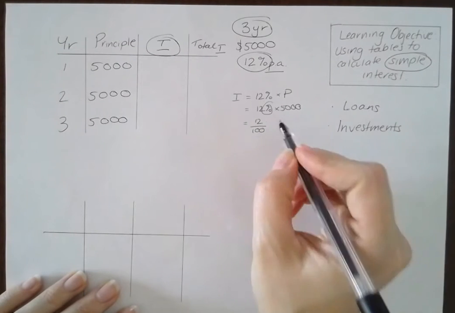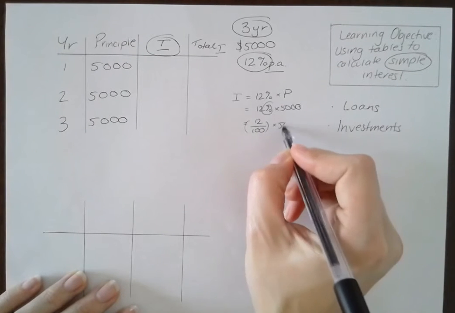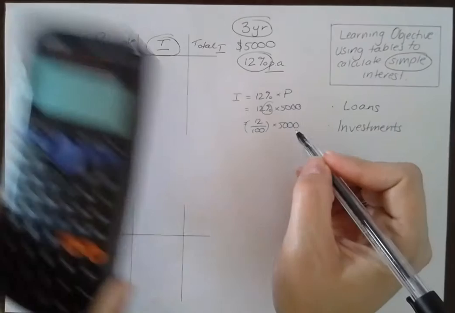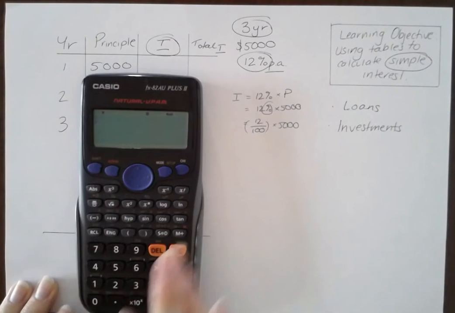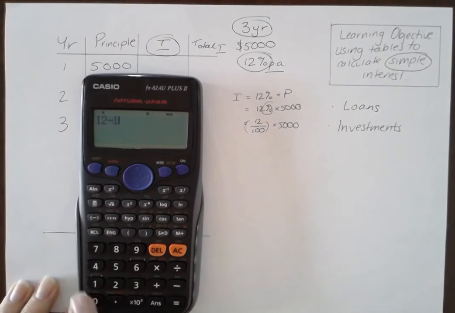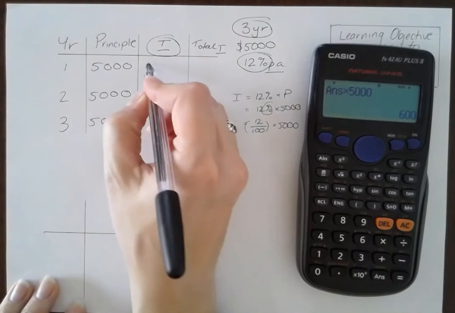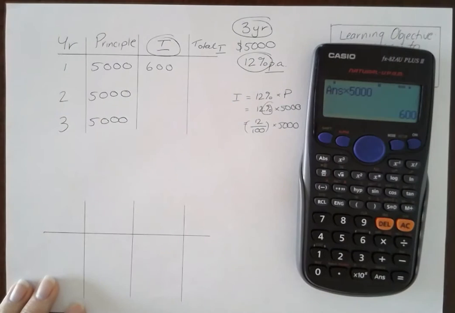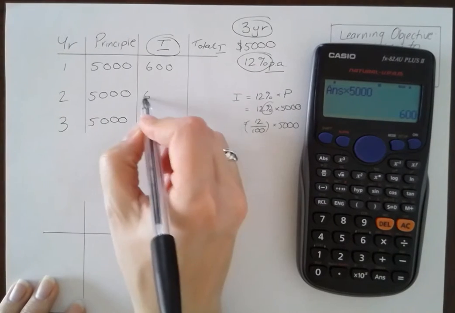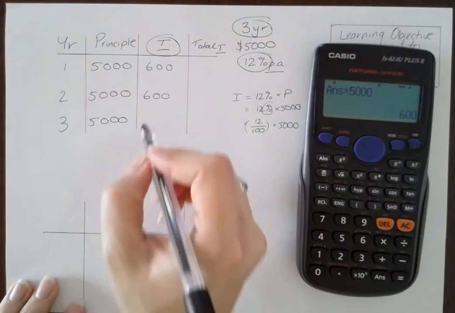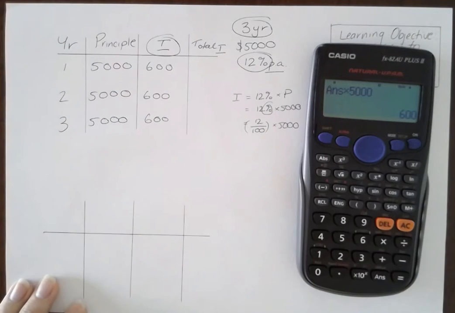So it's this number here multiplied by 5,000. If we get our calculator out, 12 divided by 100 times 5,000 gives us $600 of interest every single year. 600 there. It's going to be 600 in the second year and then 600 again in the third year.